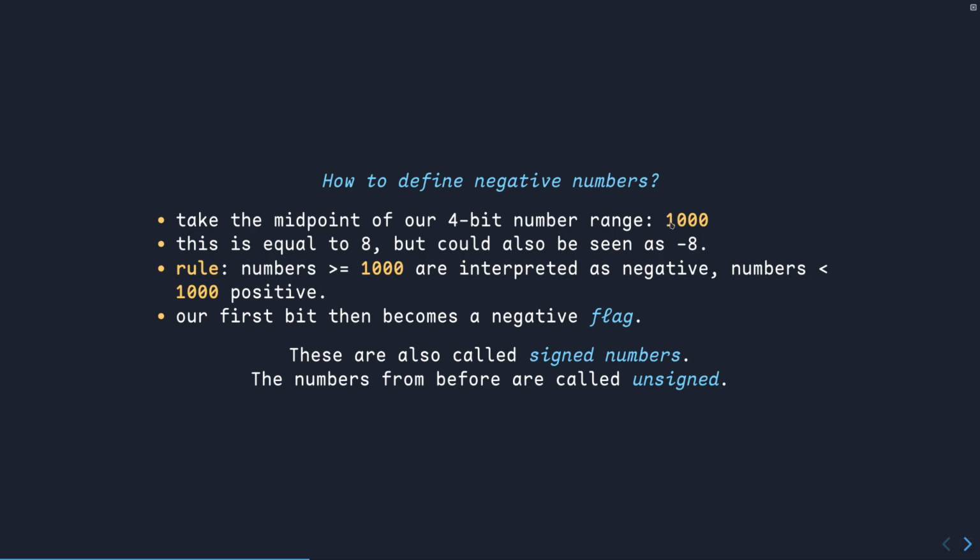So suppose we take the number 1000 again. We're working with a 4-bit range now, but it's the same thing. This number is equal to 8, but in this same number system, it could also be seen as negative 8. Because if you were to add this to a number, it's basically like subtracting 8 in a sense.